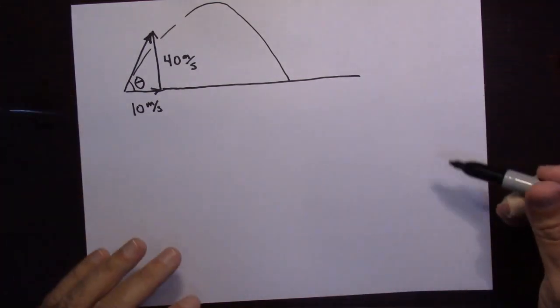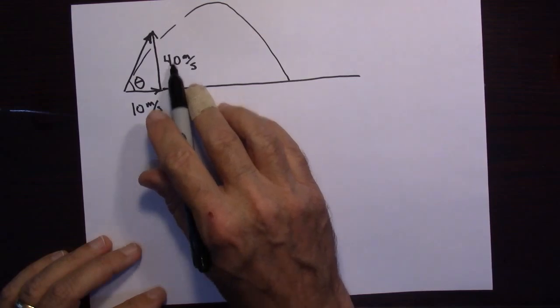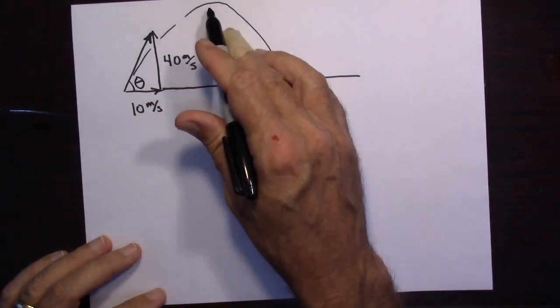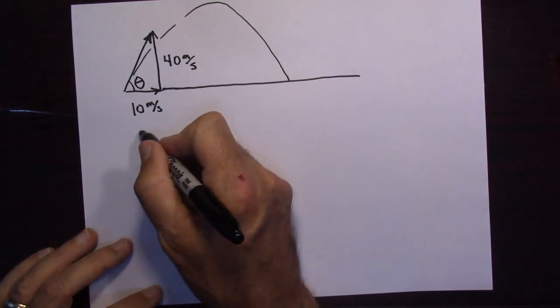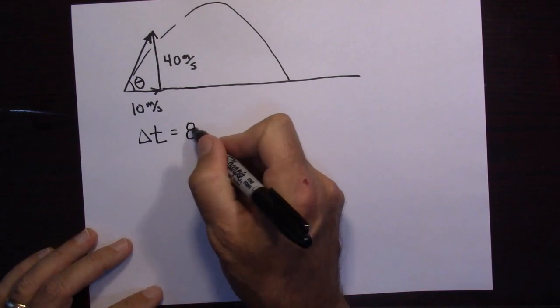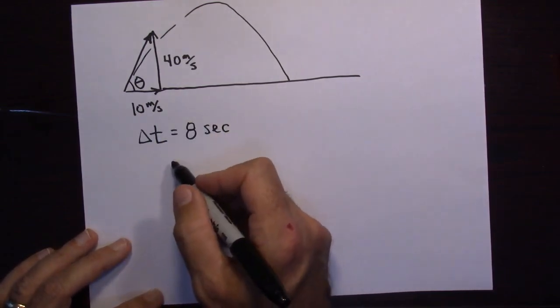All right, so let's figure out how long this will be in the air. It's going to be going up for 4 seconds because it loses 10 meters per second every second, and then it'll take 4 seconds to come down. So the total time in the air will be 8 seconds.